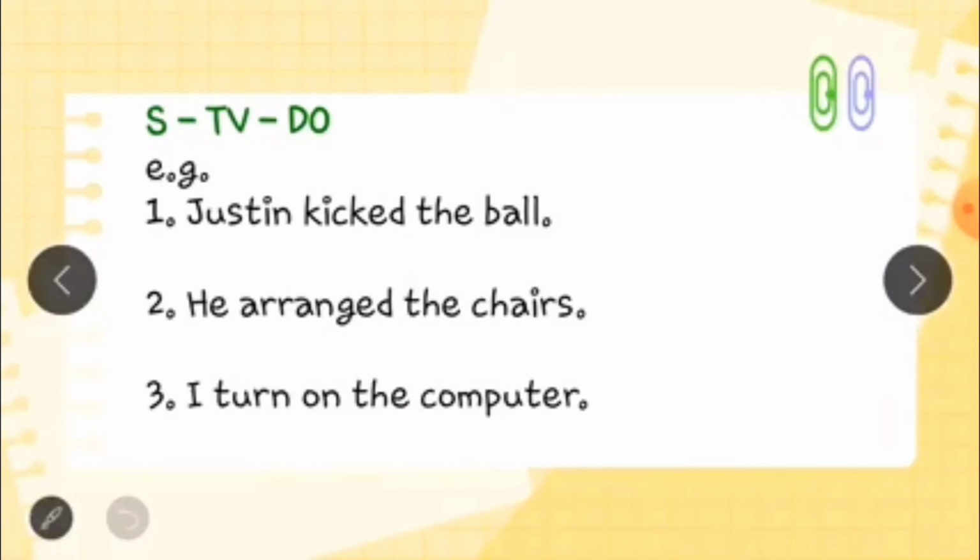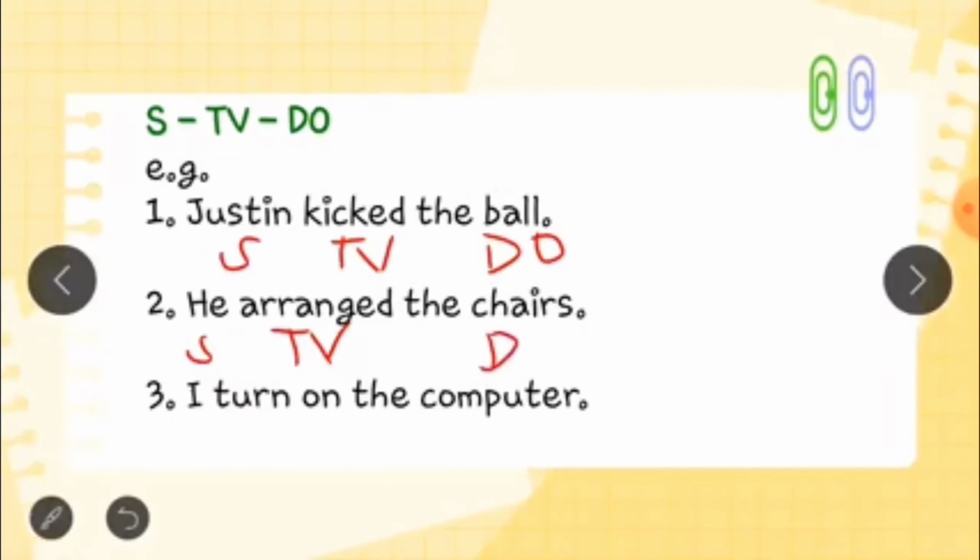For example, Justin kicked the ball. Justin is the subject. Kick is the transitive verb, while the ball is the direct object. He arranged the chairs. He is the subject. Arrange is the transitive verb, while the chairs is the direct object.